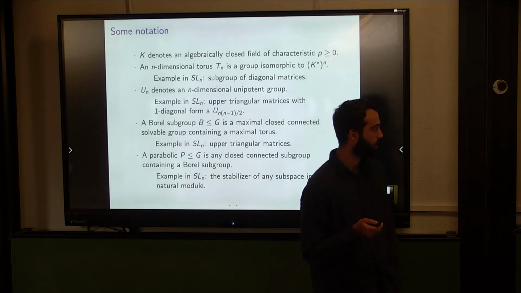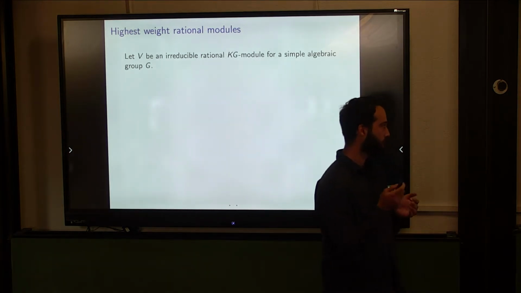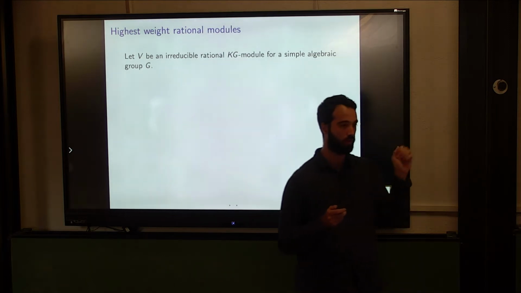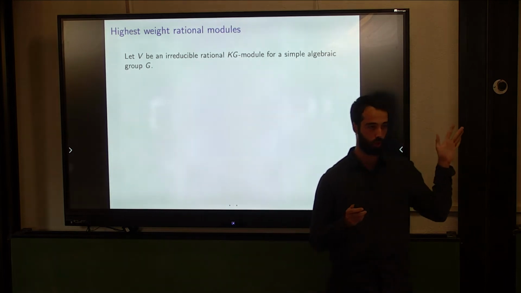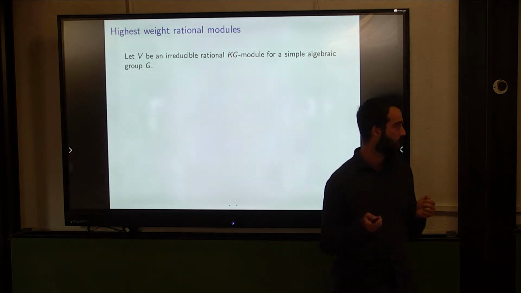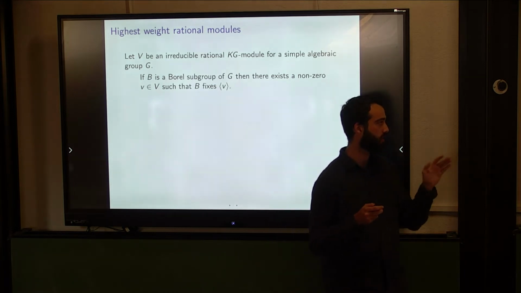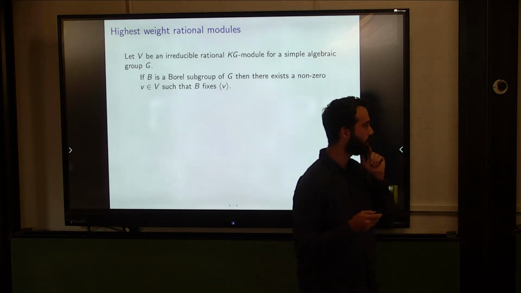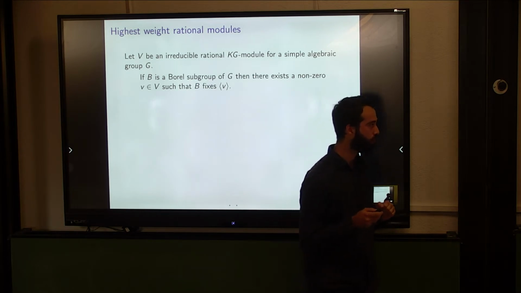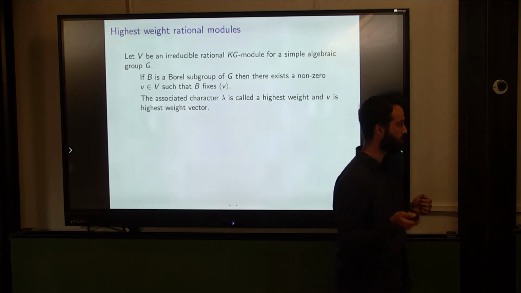Okay, then I'm going to need something about rational modules. So I'm going to give a quick setup of highest weight rational modules. We start with any irreducible rational KG-module V for a simple algebraic group G, and you take a Borel subgroup B. Then there exists a non-zero vector v in the vector space such that B fixes the one-space spanned by v. And you get an associated character, given that B contains the maximal torus.